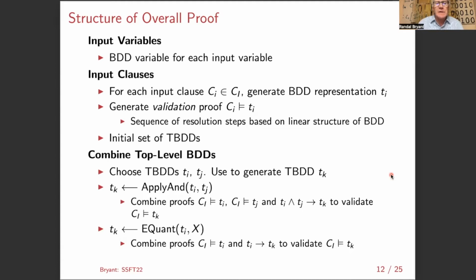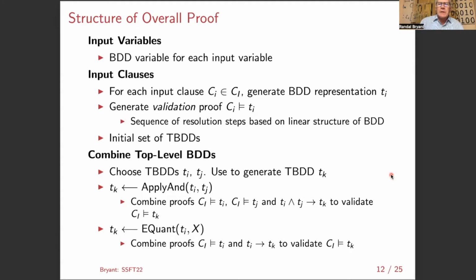clauses, meaning that they're trusted, and we can use that to generate the unit clause for Tk, meaning that it's also a trusted BDD. Similarly, for a quantification, we can assume that the argument Ti is trusted, that the result Tk is generated by this operation, that we've been able to generate a proof that Ti implies Tk, and therefore we can trust Tk.